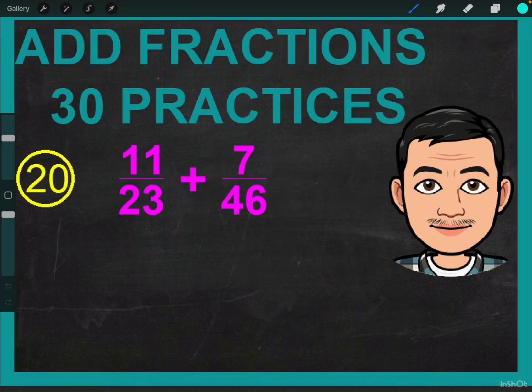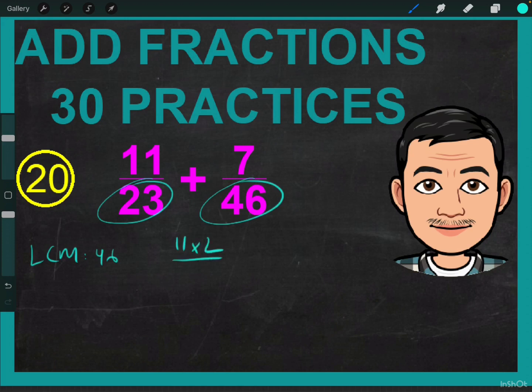Practice number 20. We have two fractions with different denominators, 23 and 46. But lucky, we see that 46 is double of 23. So we know that the LCM of 23 and 46 is 46. Now we need to convert 11 over 23, so we times 2 to 11 and we times 2 to 23.